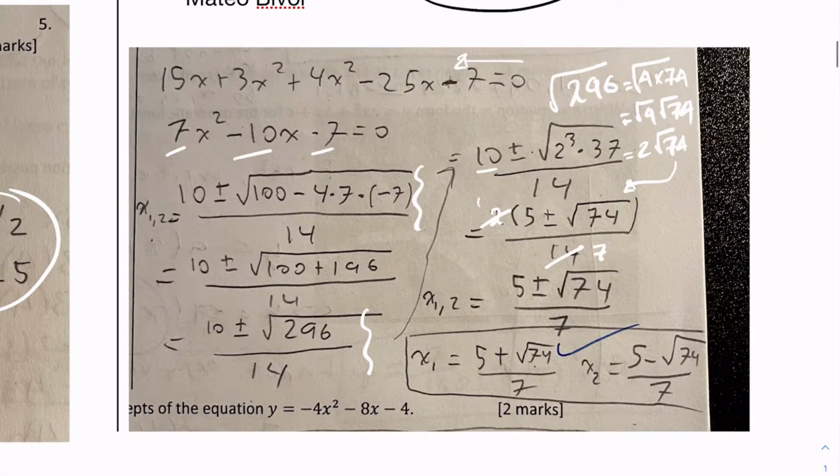And here's where he gets his final answer of 5 plus or minus root 74 over 7. And breaking that up with the plus and the minus, he has x1 and x2. Now, some of you went on and put this into decimal form.